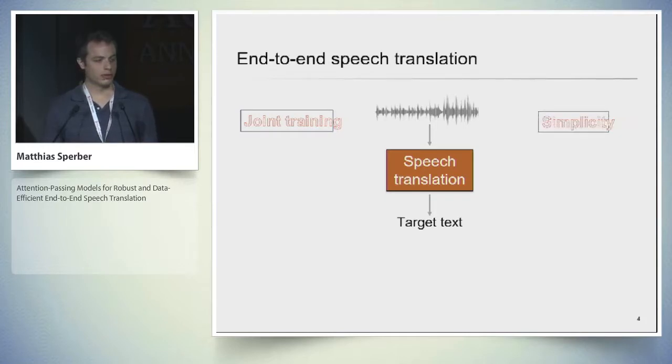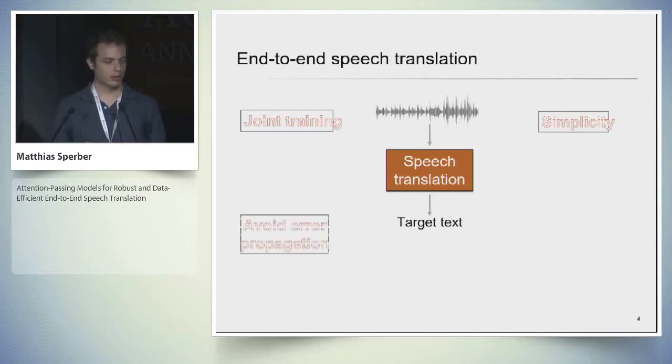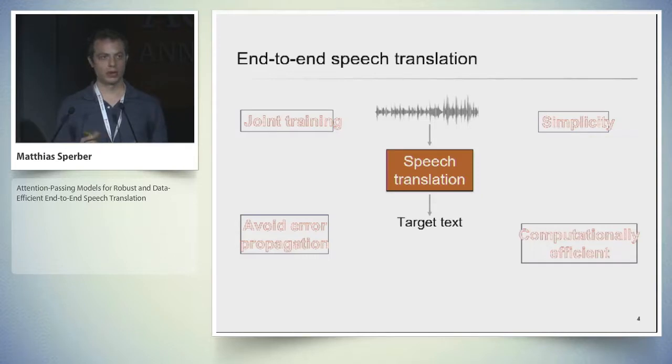Another interesting point is that the thing becomes more simple from an engineering point of view, because there's less dependencies between components. We can avoid the error propagation problem, and it also can become more computationally efficient if we have to carry around and run just a single model as opposed to two models for doing the same thing.